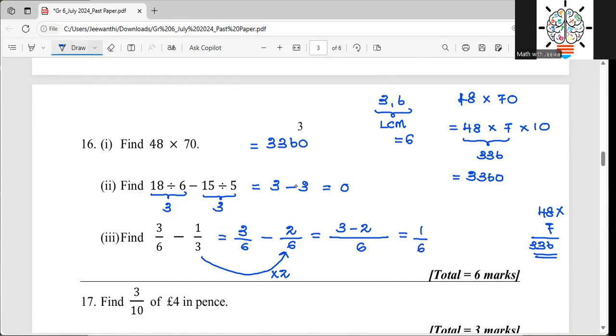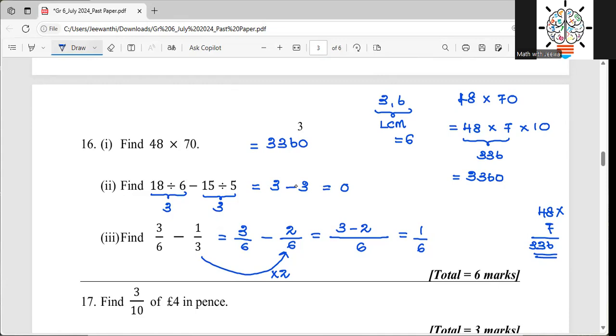If you come across two fractions, either to add or subtract, and if you have two different denominators, or maybe, if it is an addition, you come across three fractions, it doesn't matter. You just look at the denominators. If the denominators are different, first you want to get the LCM, the lowest common multiple, of the denominators. So here for 3 and 6, the lowest common multiple is 6.